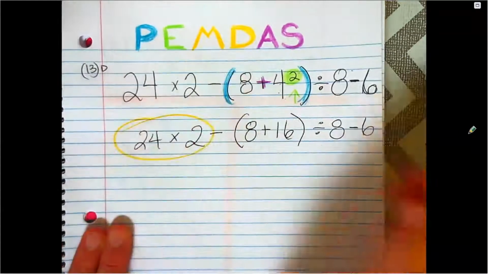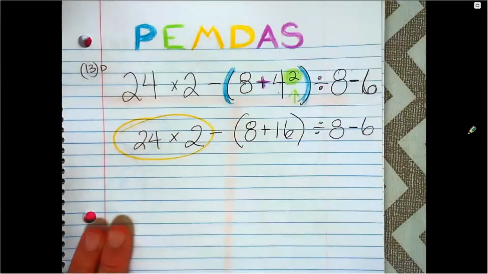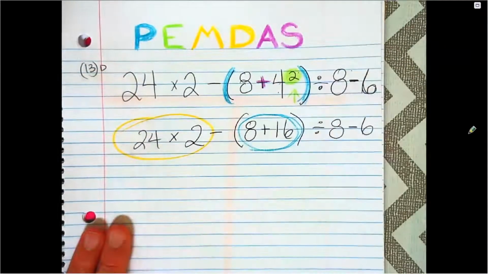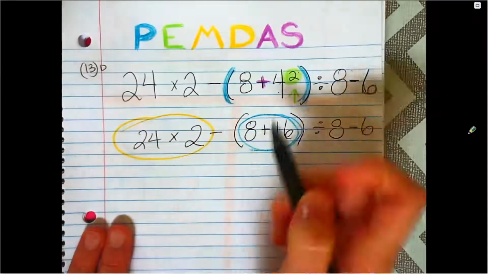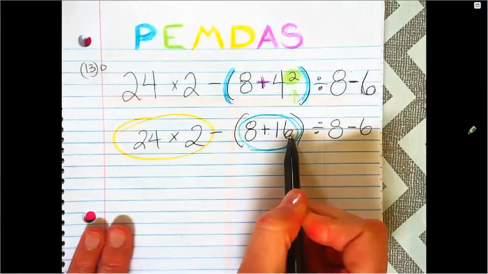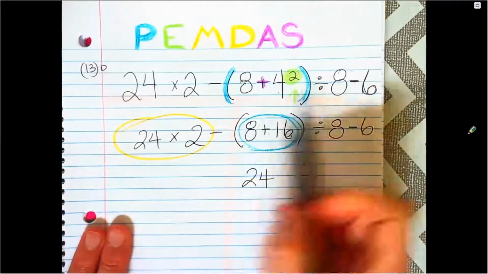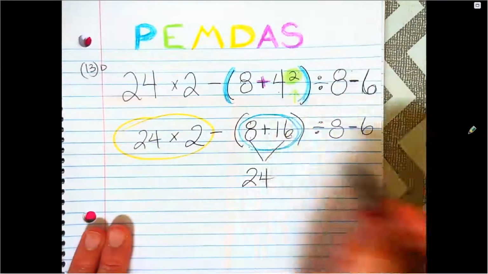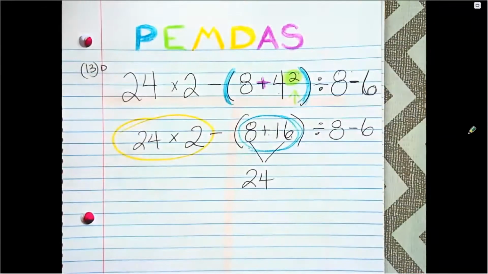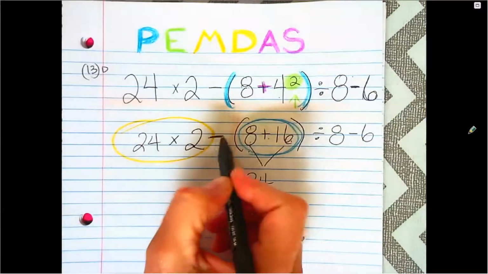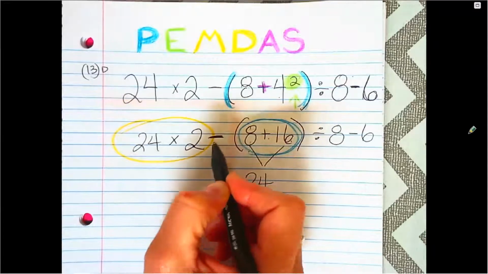So I have to multiply. I also have to add this in here. I have to do that. Okay, so 8 plus 16, that's 24. Because I've now completed all the operations, I can drop the parentheses. Now, right outside the parentheses is this negative, this minus. That's going to follow.